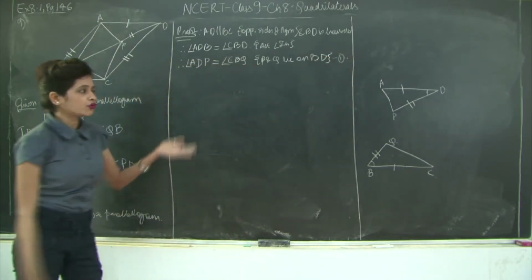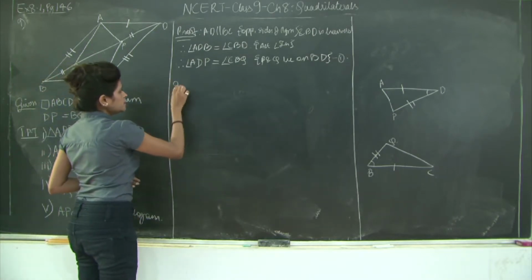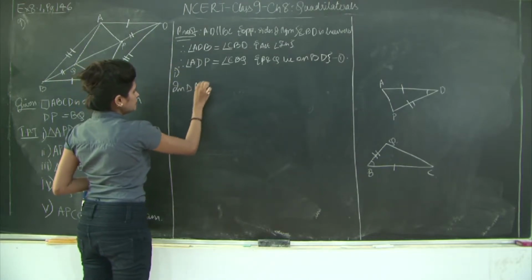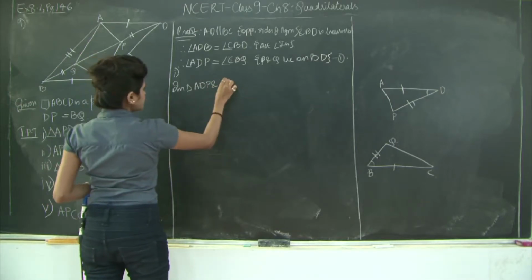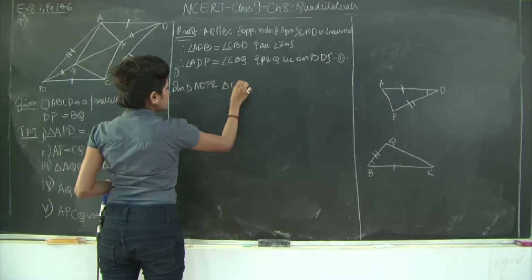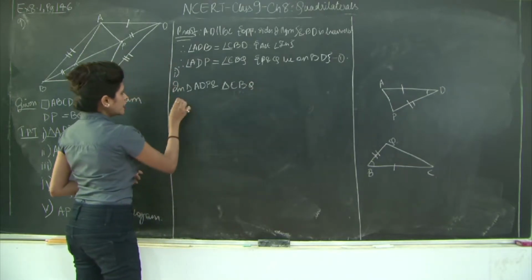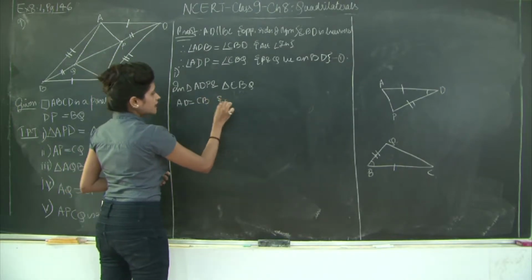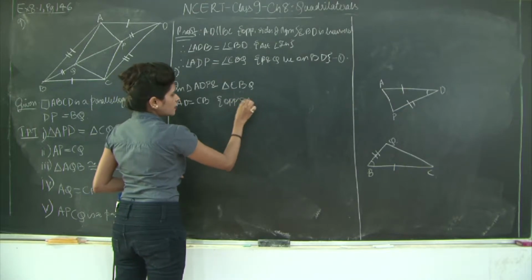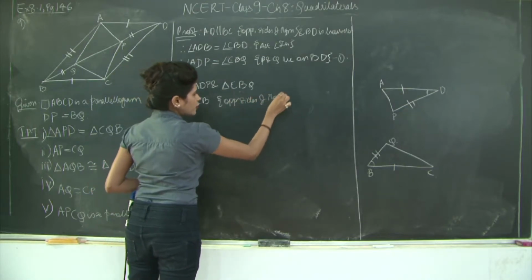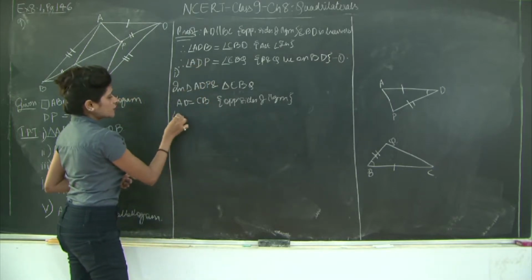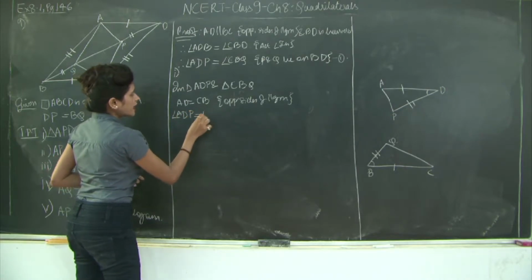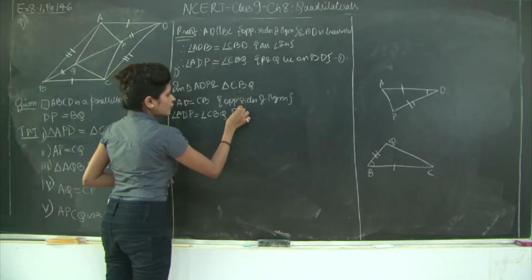And now let's go ahead and prove the two triangles congruent. So in triangle ADP and triangle CBQ, I have AD is equal to CB. Why? Because they are the opposite sides of a parallelogram. We know that opposite sides of a parallelogram are equal. Then I have angle ADP is equal to angle CBQ, from 1.